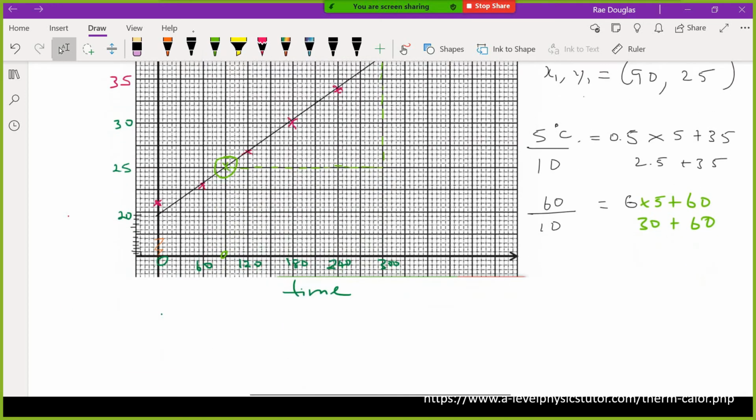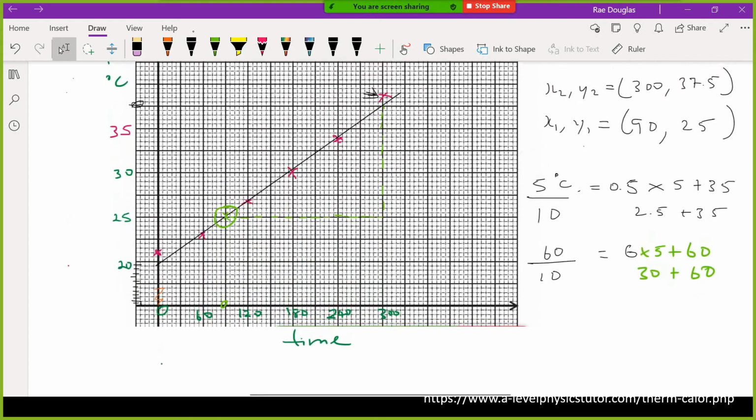Having said all of this, I could now easily calculate my gradient. Your gradient is going to be y2 minus y1 divided by x2 minus x1.